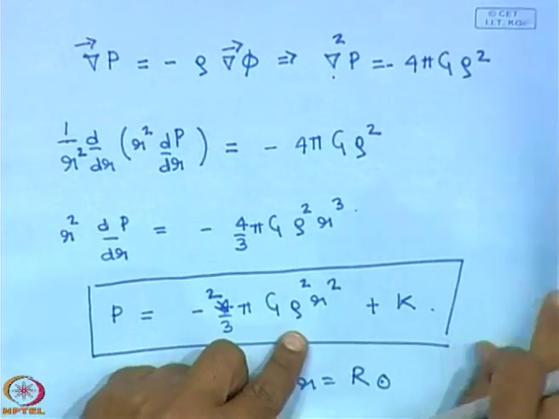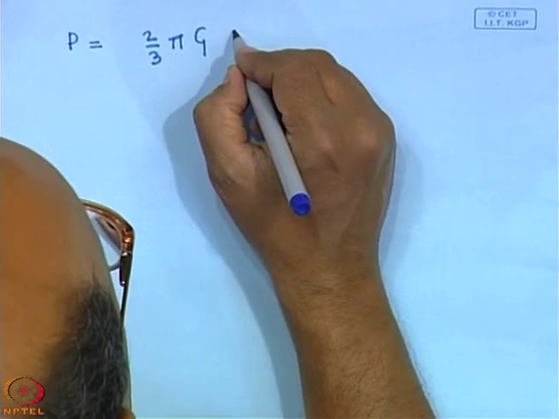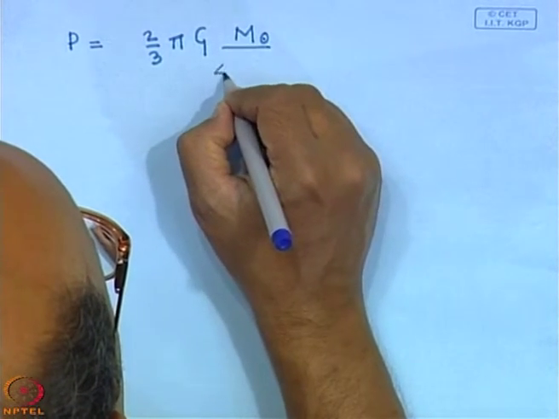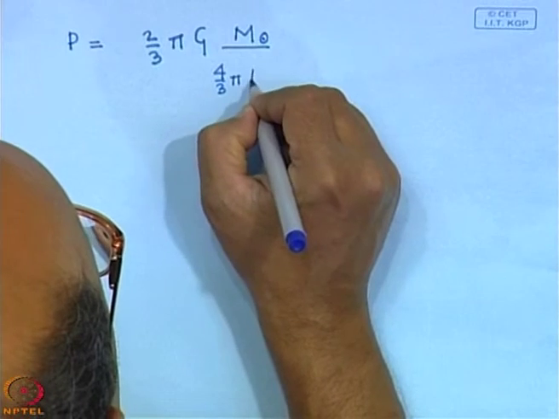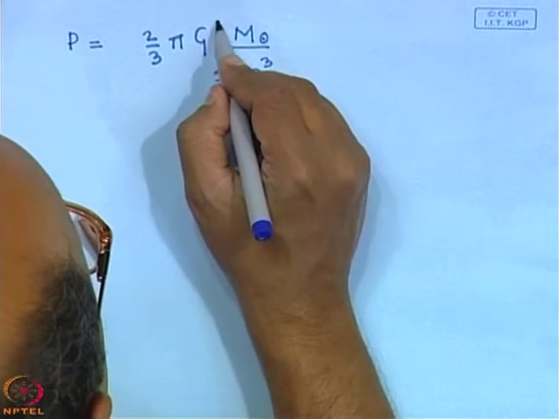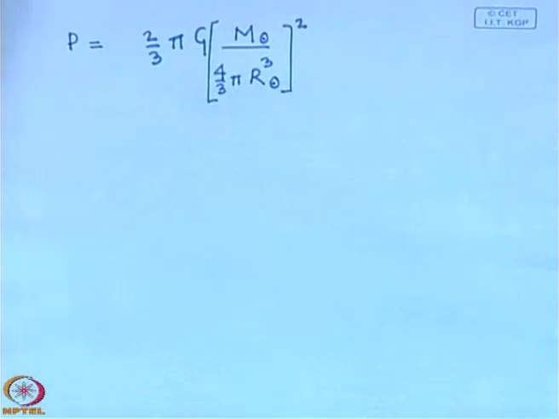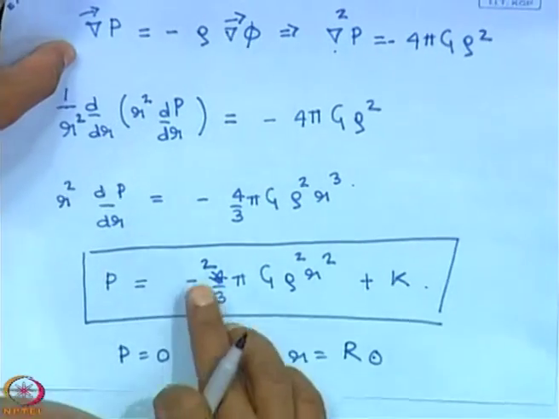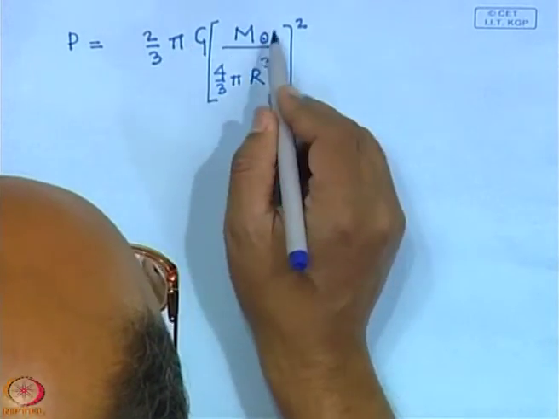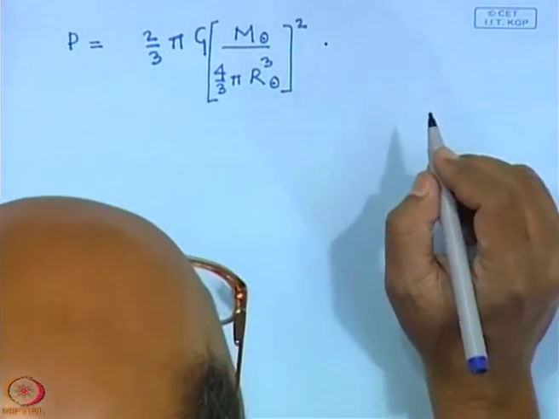So, this then can be written as 2/3 pi G M sun by 4/3 pi r sun cube, that is the density, the square of this, that is the density. So, we have 2/3 pi G rho squared, and then we impose the boundary condition and we have a term.